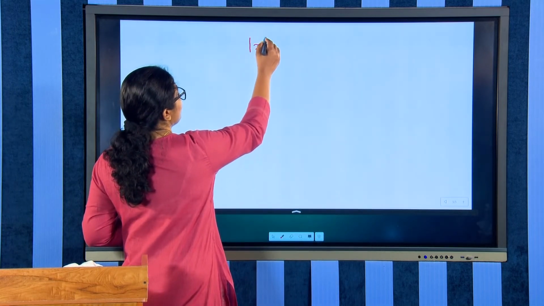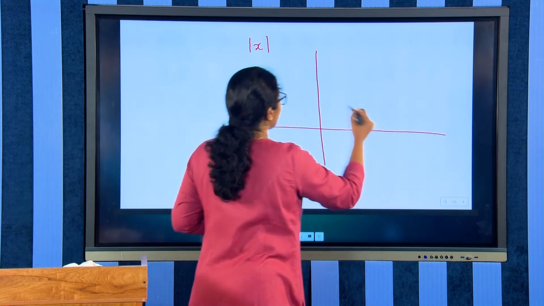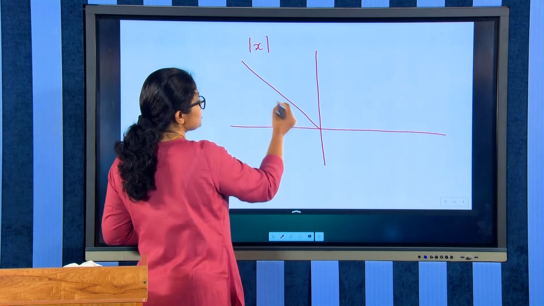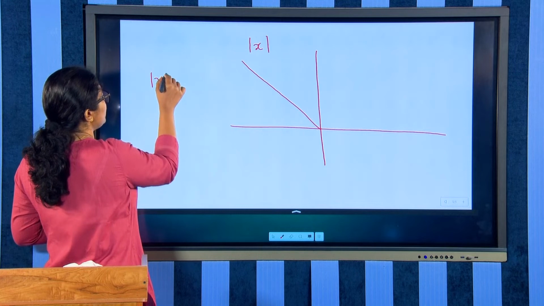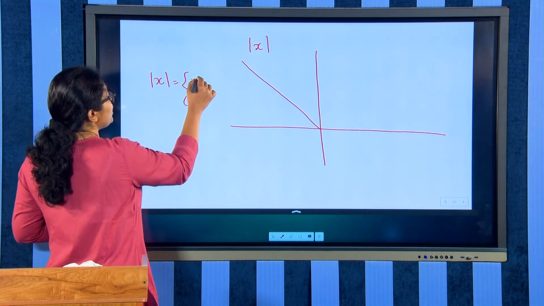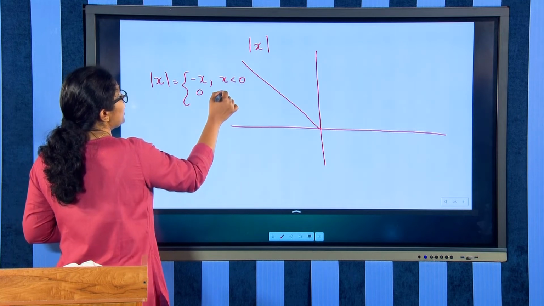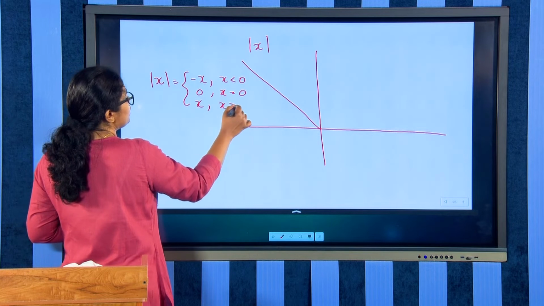The graph of modulus of x is something like this. On the left side it is minus x, because the modulus function is defined as mod x equal to minus x for x less than 0, 0 for x equal to 0, and x for x greater than 0.